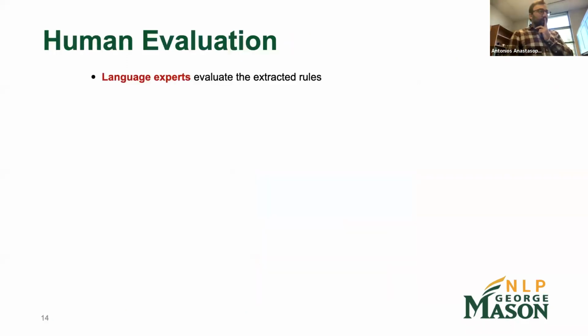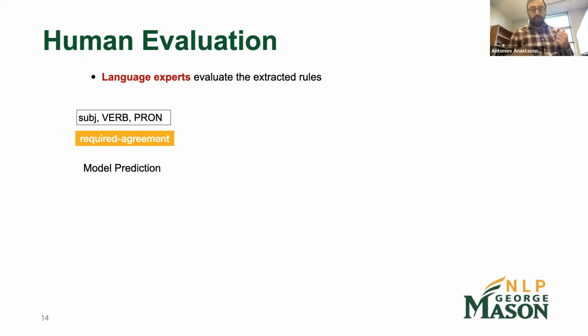Okay, so what we did then is show those rules to linguists and ask them to evaluate them. So we had this model prediction, where by model I mean not the decision tree, but our model that looks at the decision tree and extracts a rule. And then our model said that a verb and a pronoun that are connected through a subject link have required agreement.